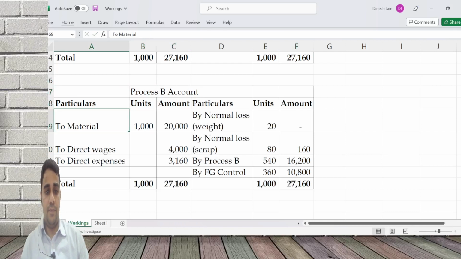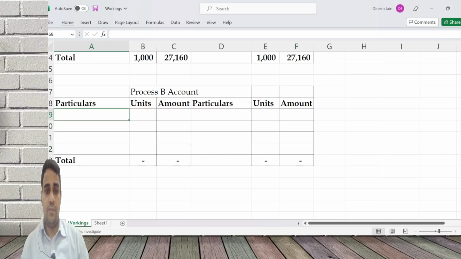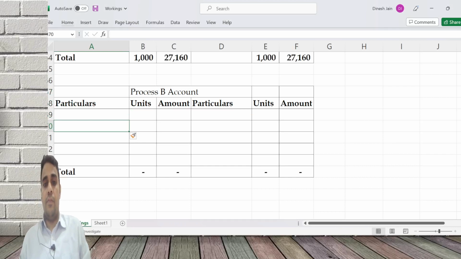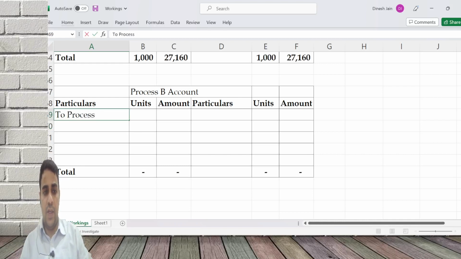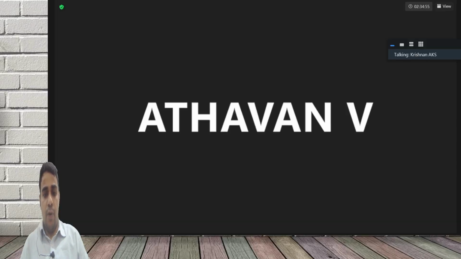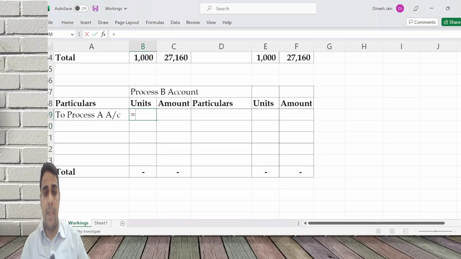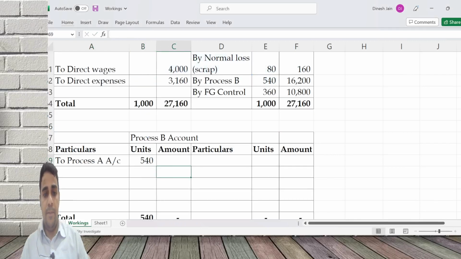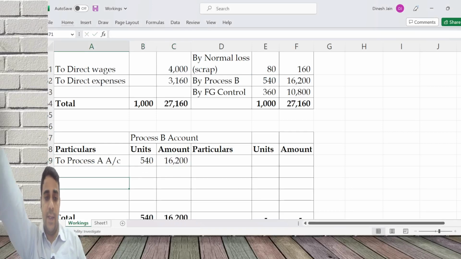Process B account. To process A account, 540 and 16,200.